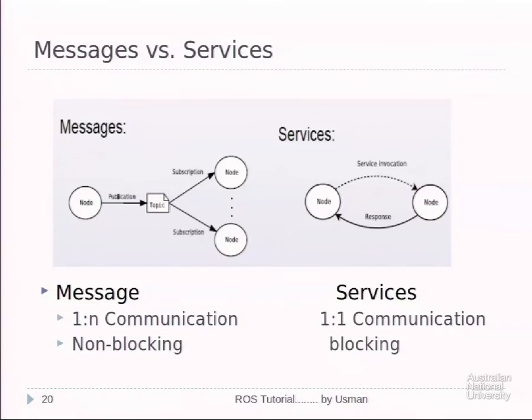That node is providing some service, so it will be asked for that service. In response, it will get some number, like a floating number. So messages are one-to-N communication: you can send messages to many people. But when I ask a question, like pointing at someone, I want him to answer that question. So it's one-to-one communication. We send the request and we wait for the response.